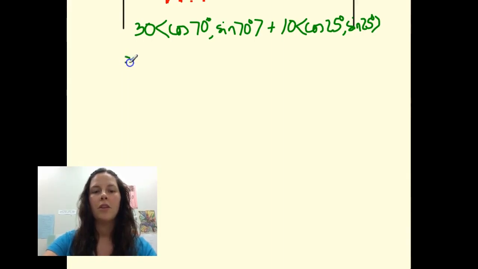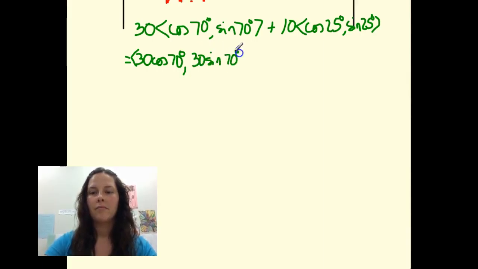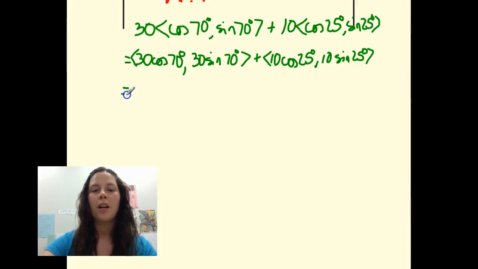We will distribute the 30 pounds through. And we'll distribute the 10 pounds through. And then we'll need to add our x components and our y components.